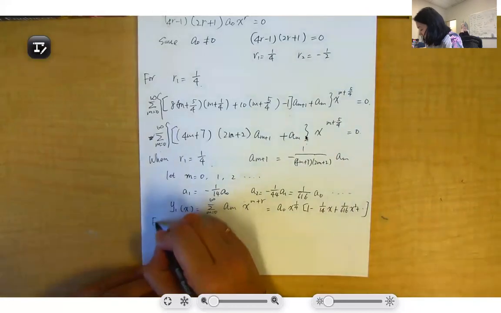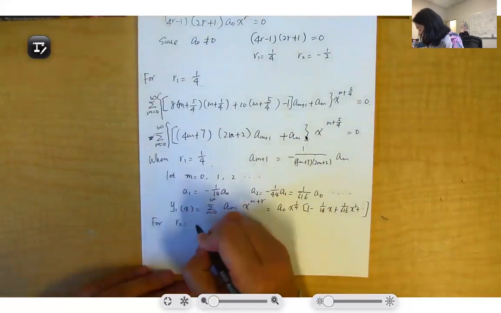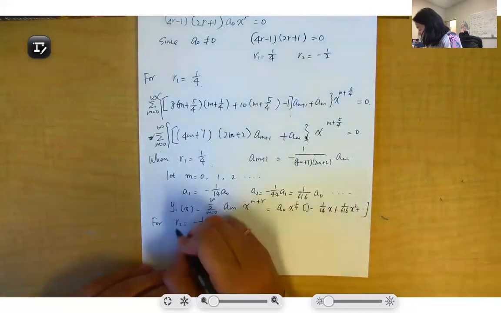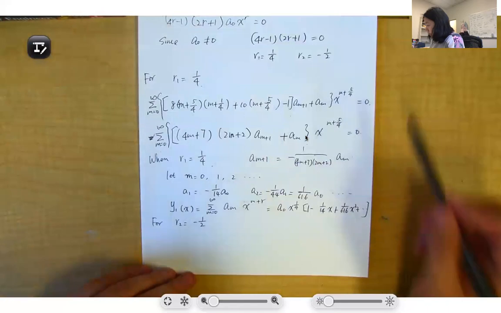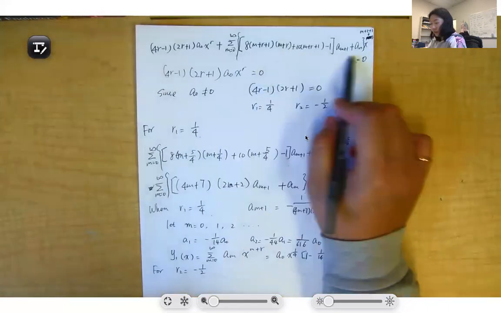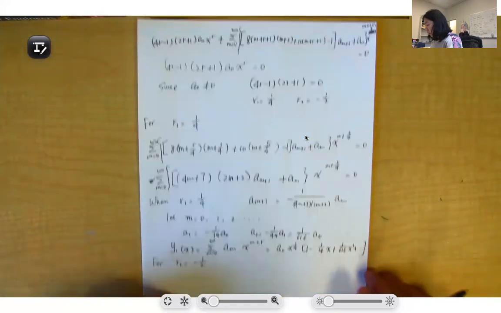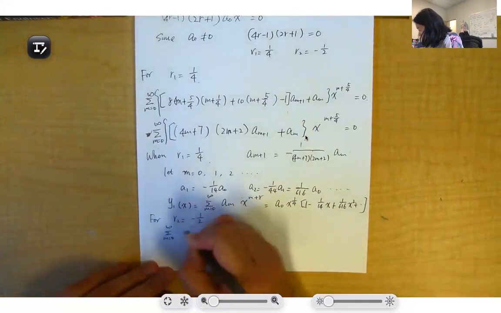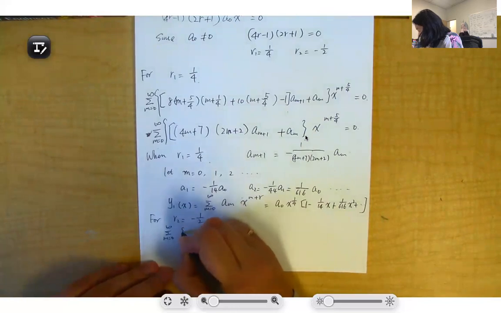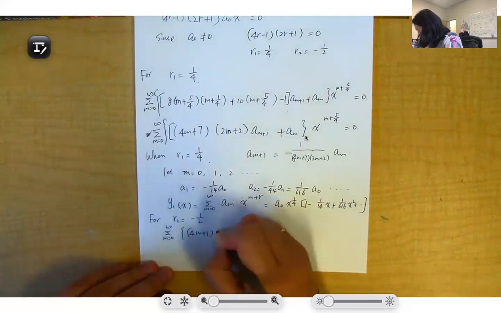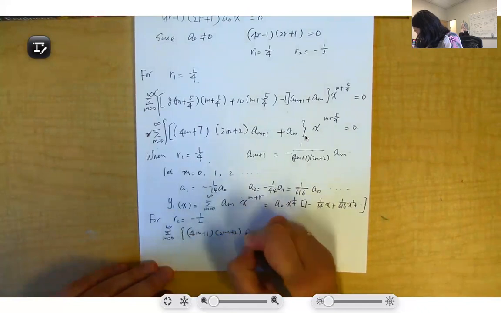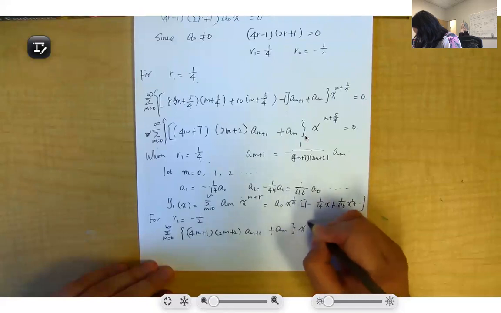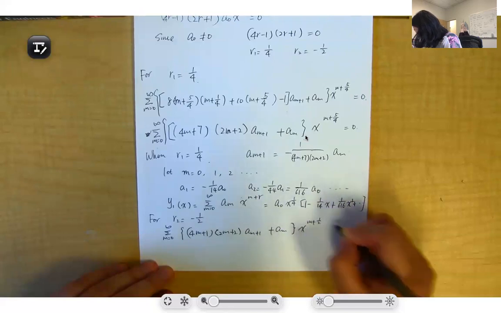So for r2 equals minus 1 over 2, then you can get this term, this term has to be 0, okay? So you have the sum from m equals 0 to infinity, (4m plus 1)(2m plus 2) a_{m+1} plus a_m, x to the m plus 1/2 equals 0.